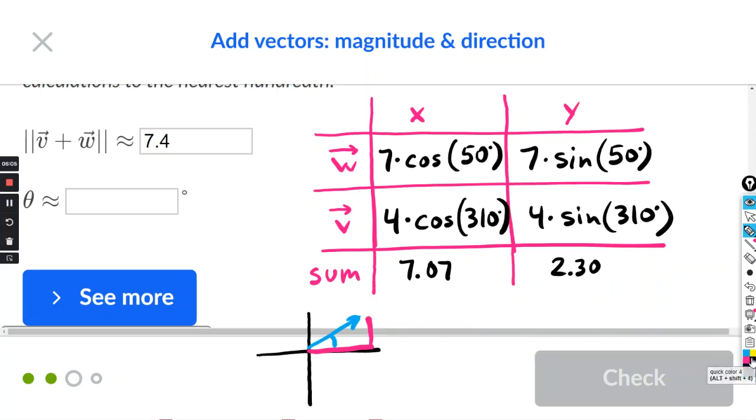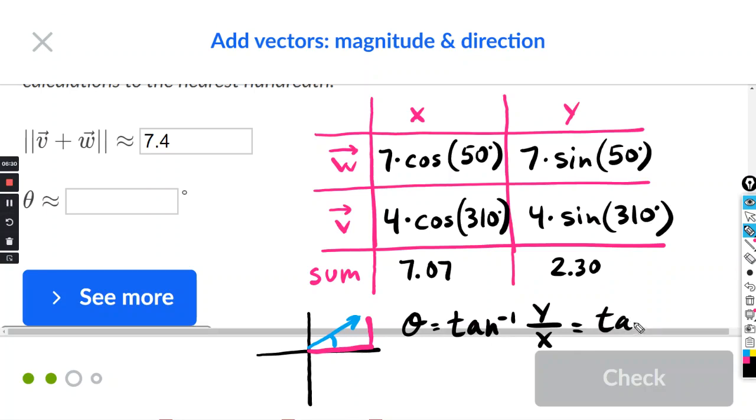If you remember from the previous exercise, the formula is basically the inverse tan of y divided by x. Alright, that's for the angle theta.